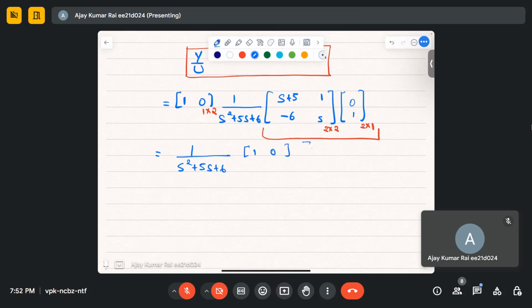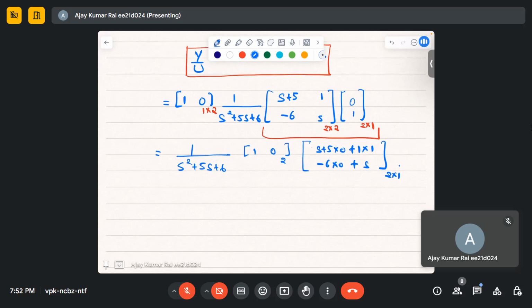So you'll get s plus 5 into 0 plus 1 into 1, minus 6 into 0 plus s. Now this is a 2 into 1 matrix and we are multiplying with the 1 into 2.